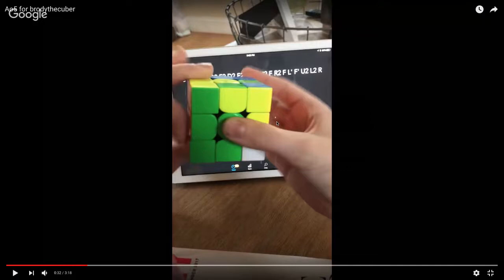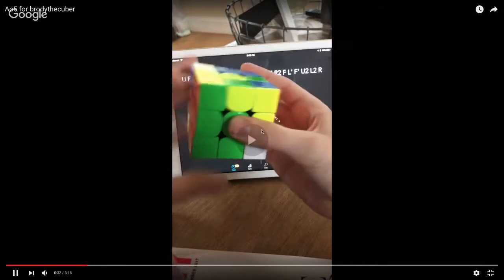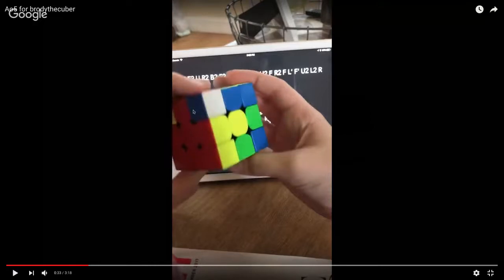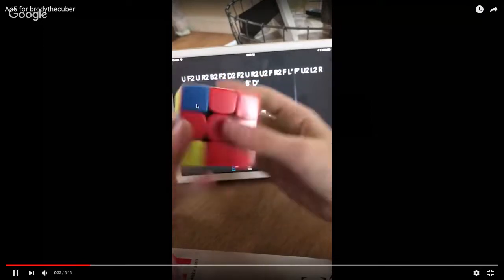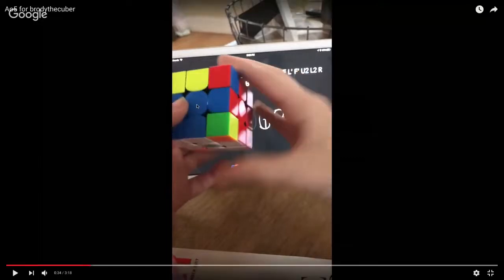So here you have two options. You have this green and orange pair, which I probably would have done in this case, but you saw this pair, and that's actually fine, but you did a Y2 rotation for it, which you actually could have just done in the back.